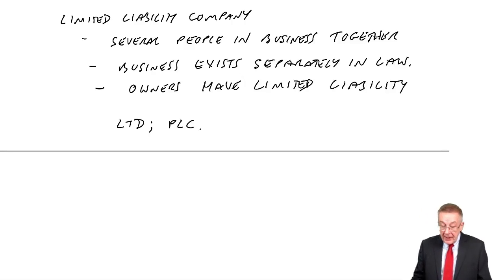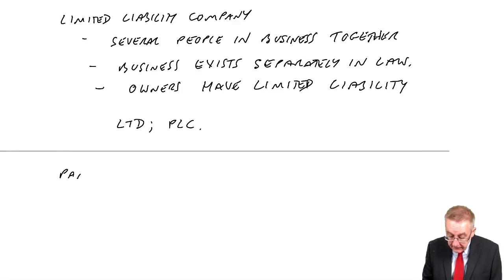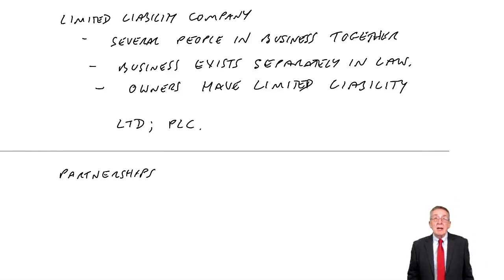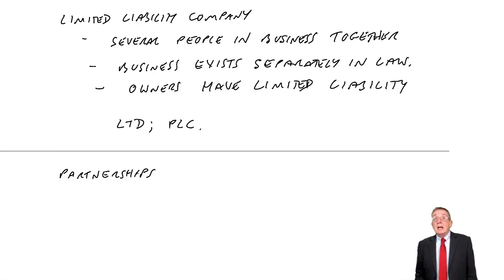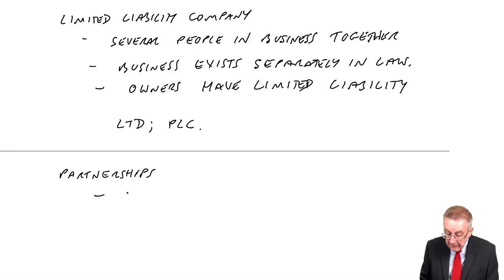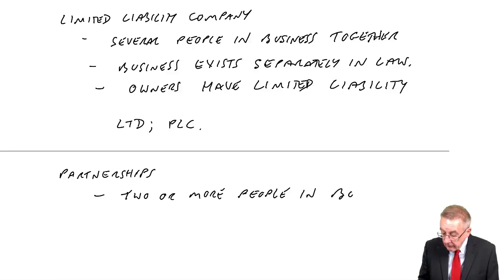You'll also see mention on that page of partnerships. Now, you can't be tested directly on partnerships, but just be aware of what they are. A straight partnership is just like a sole trader, except there are two or more people in business together.